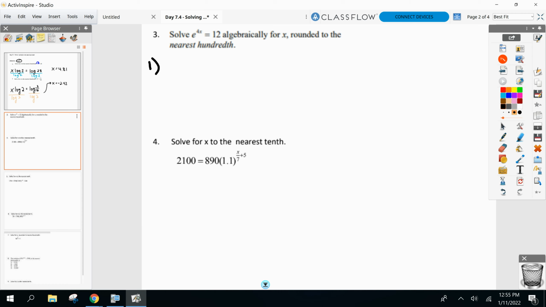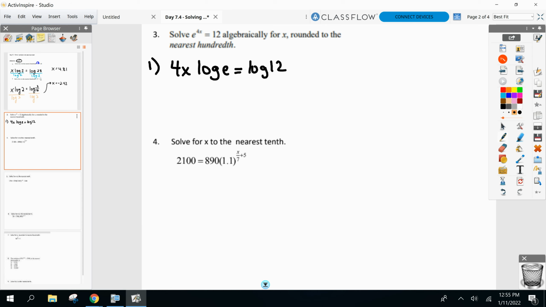So same thing. Go ahead, bring the 4x down. And what do I have to do to E? Log it. So 4x log E equals, still got to do one on the right side as well, log 12. Here's where it starts getting a little bit more sophisticated than the last 2.